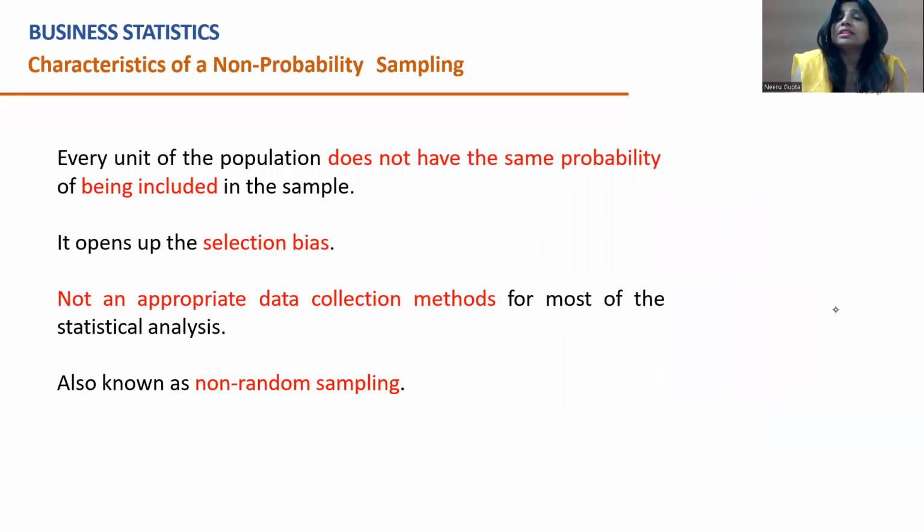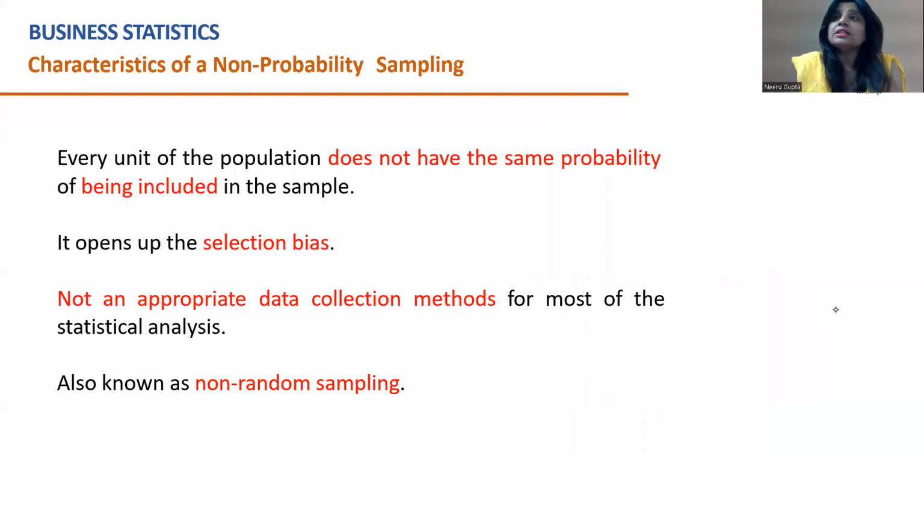And what are the characteristics of non-probability sampling? Every unit of the population does not have the same probability of being included in the sample. In the probability sample, what was there? Every unit of the population has the same chance of selection, but in non-probability, it doesn't have the same probability of being included in the sample.